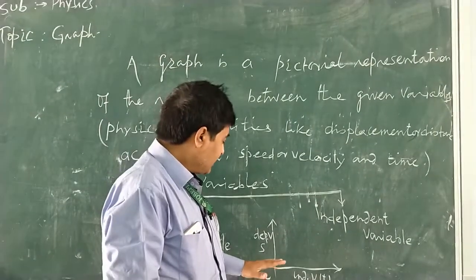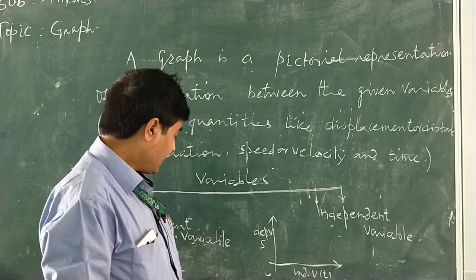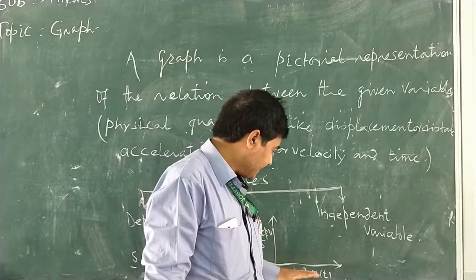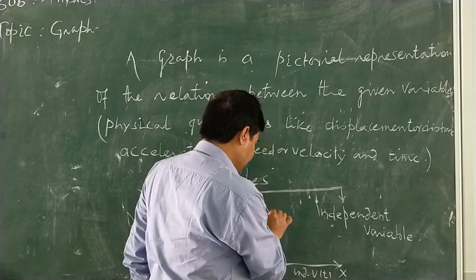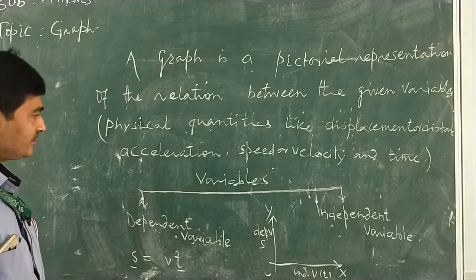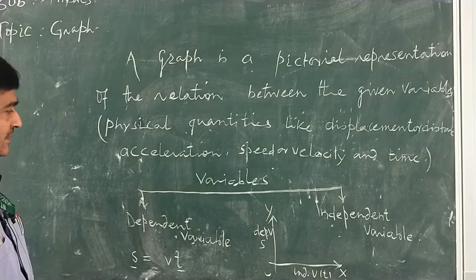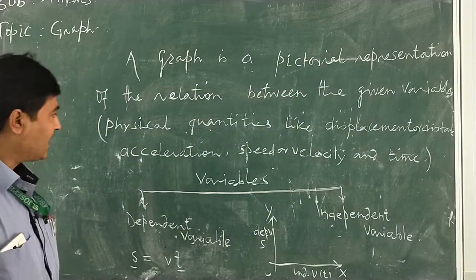So it is a convention. An independent variable is taken on x-axis and dependent variable is taken on y-axis. After this, we learn about the types of graph.